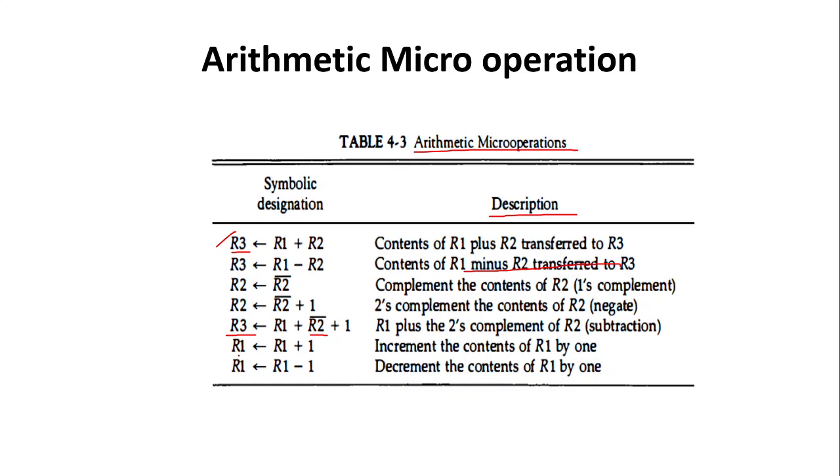Next is R1 equal to R1 plus 1, that is the increment operation, and it increments the content of R1 by 1. Next is R1 equal to R1 minus 1, it decrements the content of R1 by 1.